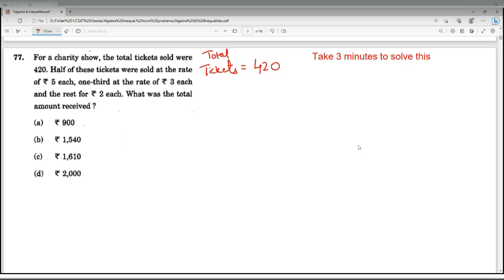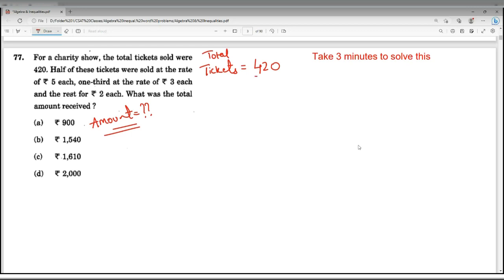What was the total amount received? We have to calculate the total amount. These tickets were sold at different prices. A certain amount was sold at 5, some at 3, and the rest were sold at 2 rupees each.